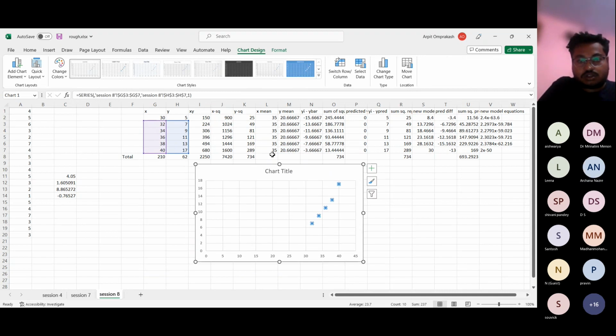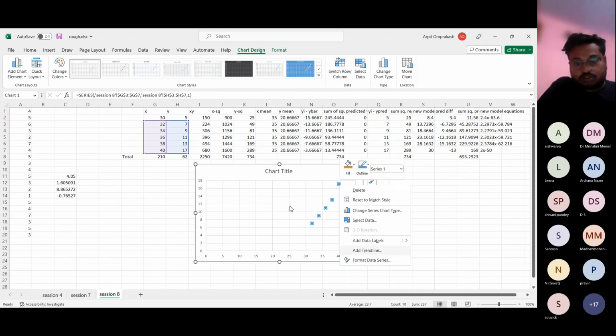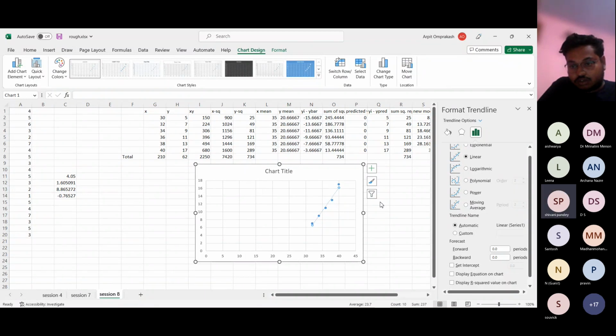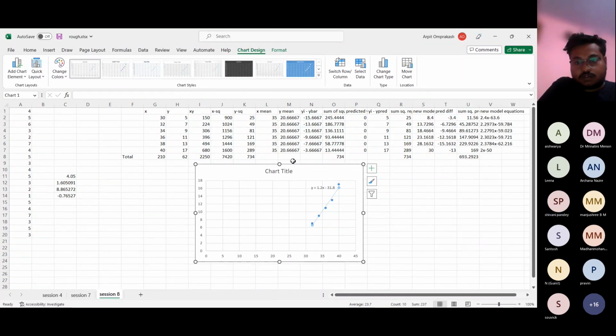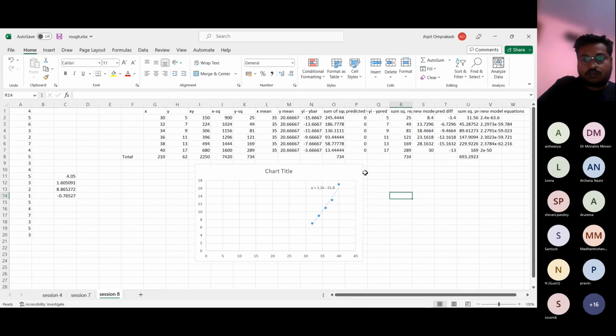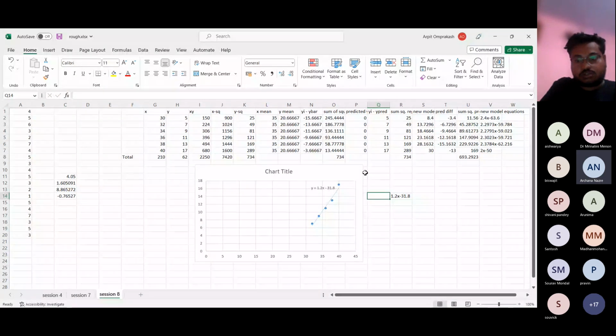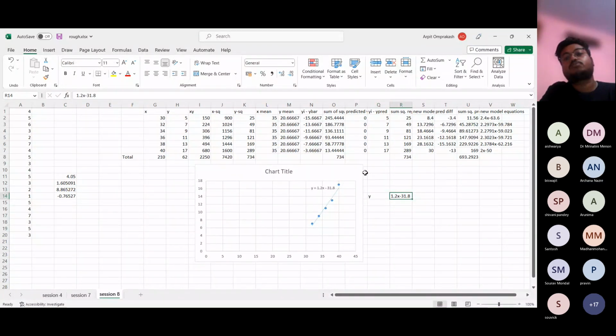Using the rest of the 5 points, you get an equation: y is equal to 1.2x minus 31.8.